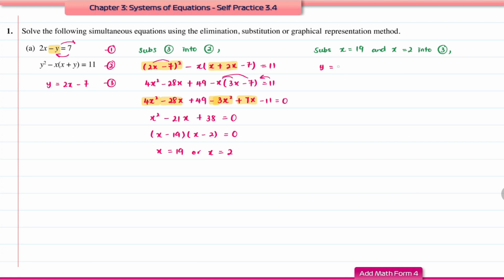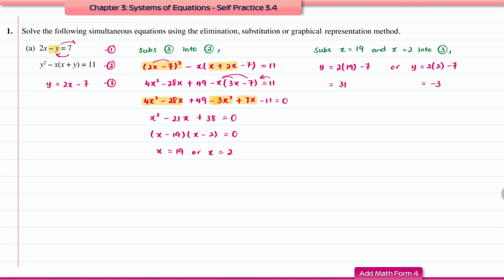So y is equal to 2 times 19 minus 7 for the first one, and the other one will be y equal to 2 times 2 minus 7. So here you're going to have 38 minus 7, which is 31. Here we're going to have 4 minus 7, which is equal to negative 3.